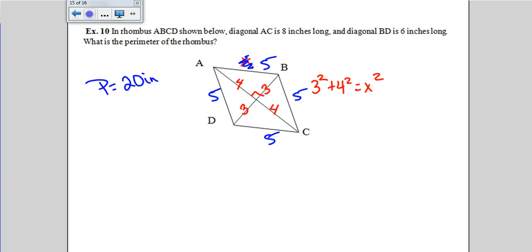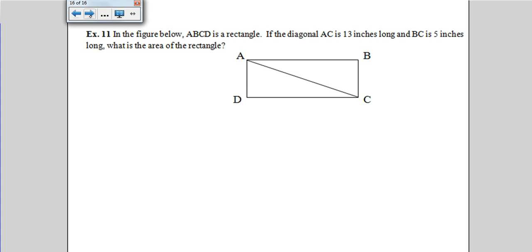Alright, our last example is a rectangle. And it says we've got this lovely diagonal cutting through, which is 13. And BC is 5 inches. What's the area of the rectangle? Well, think about what you need for area of a rectangle. Area of a rectangle is length times width. We need to know how long this rectangle is. Well, I do know that rectangles have right angles on the corners.